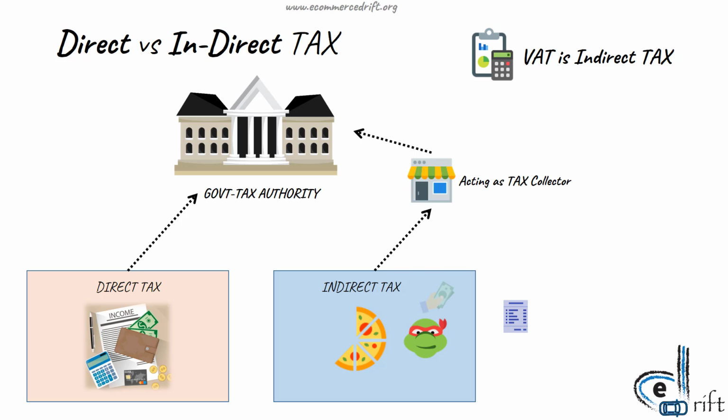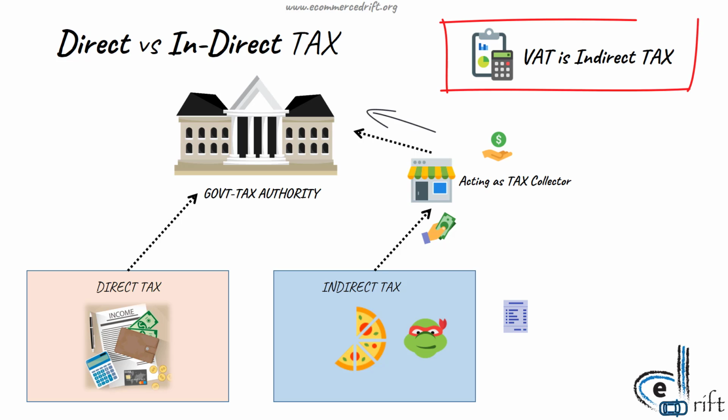Raphael is going to pay that bill, the pizza with the tax, to the pizza shop. The pizza shop in this scenario is acting as a tax collector. It collects tax and then submits it to the government. That is an example of an indirect tax. Now, VAT by its nature is an indirect tax system as well. You will see more in the next slides.